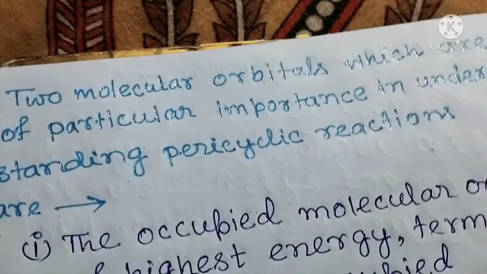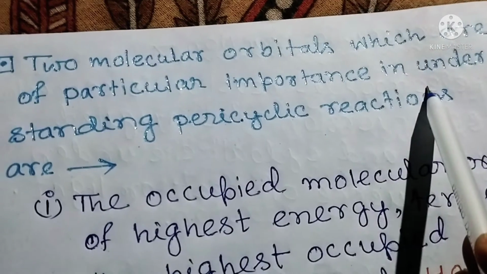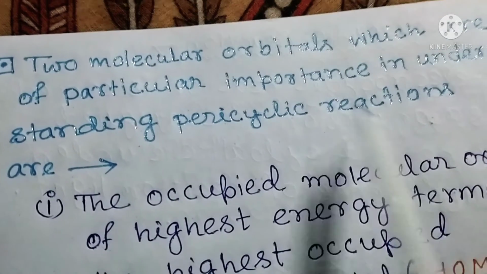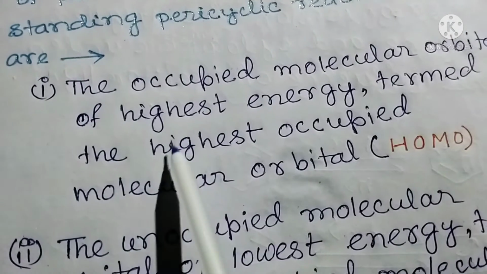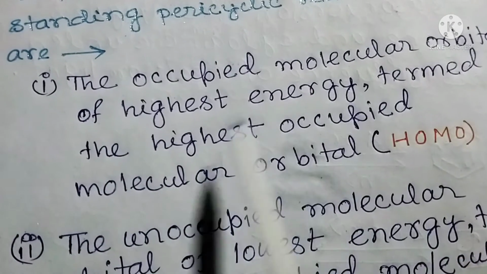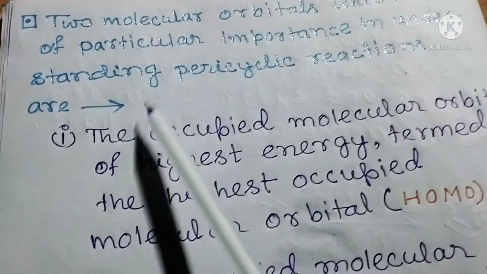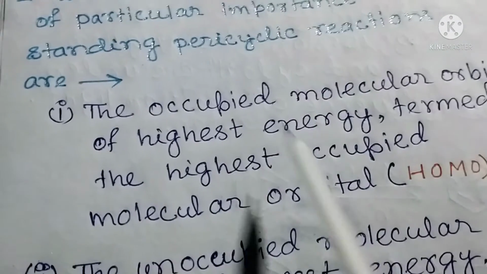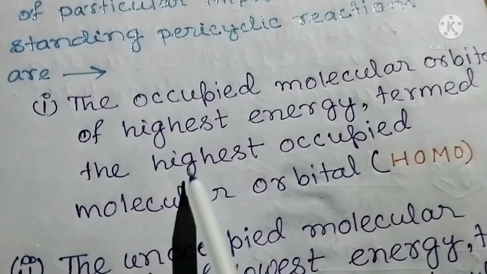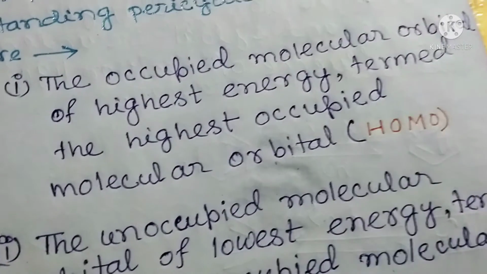Two molecular orbitals which are of particular importance in understanding pericyclic reactions are the occupied molecular orbital of highest energy, termed the highest occupied molecular orbital, known as HOMO.